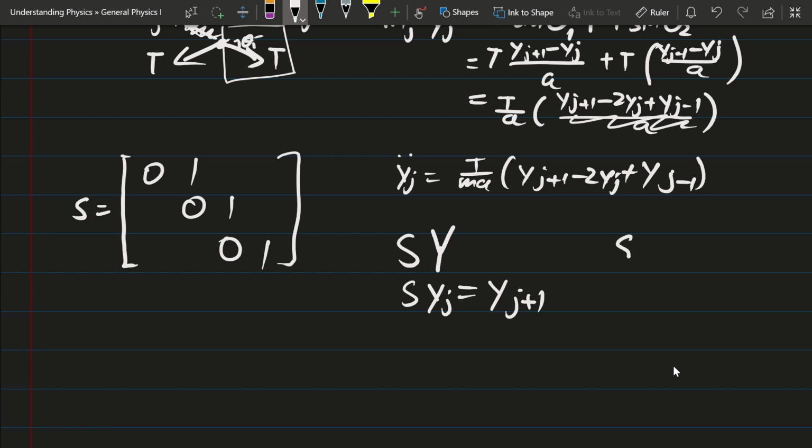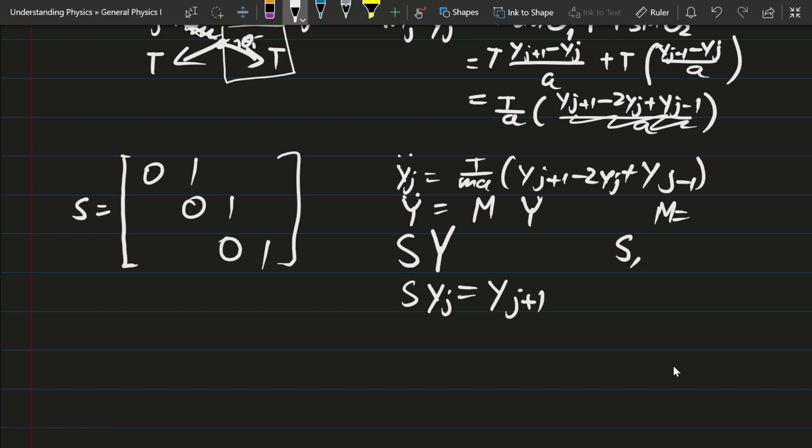After we know that it has this symmetry, we know for a fact that S and this matrix, which I'll call M, commute, where y double dot equals M y. So what's the M here?